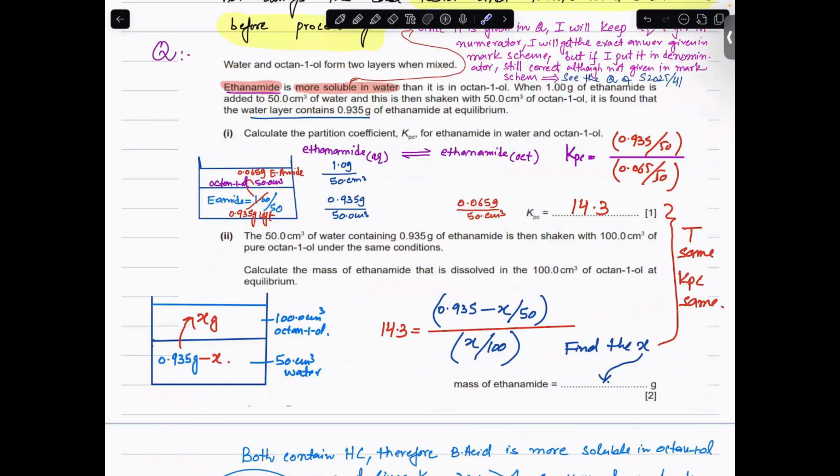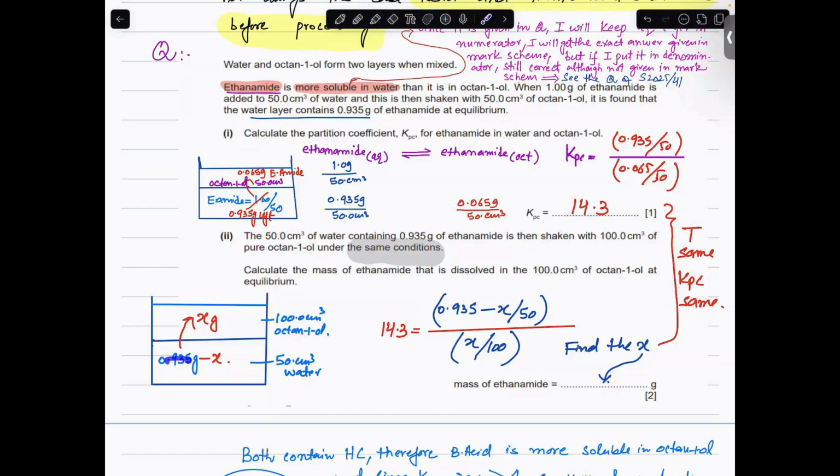Don't worry. Now what are they saying? 50 of the water containing the remaining is then shaken with 100 of octan-1-ol. How much is transferred? Look, it was 0.935. If x is transferred, how much is left? 0.935 minus x. Now, under the same condition, meaning the temperature is not changed, the Kpc is the same.